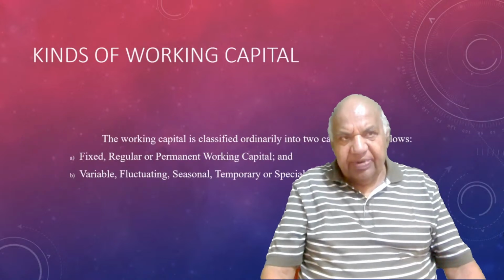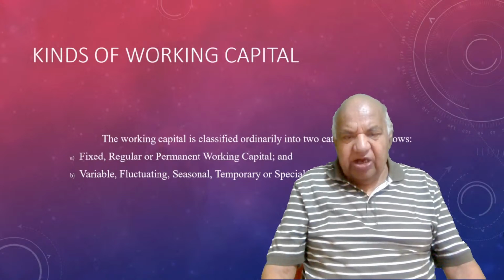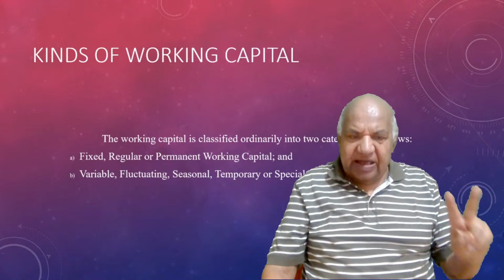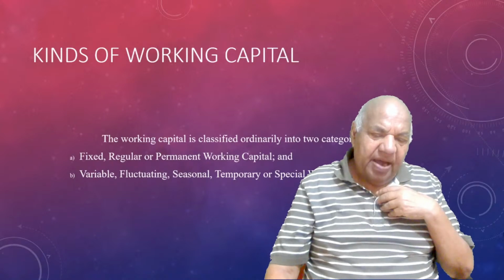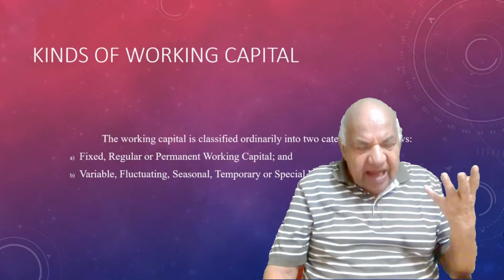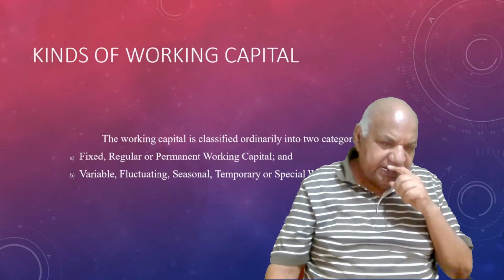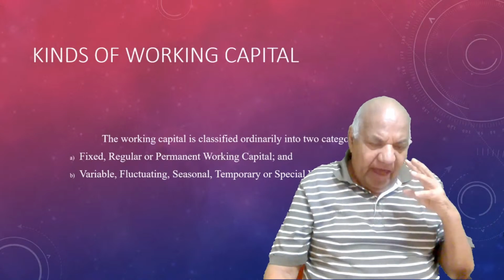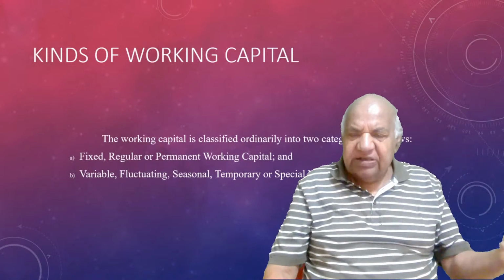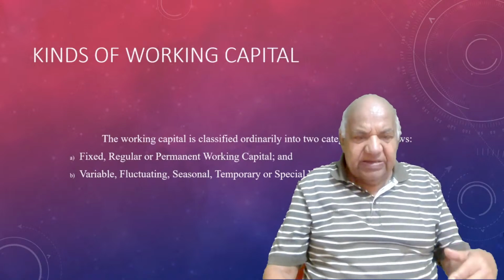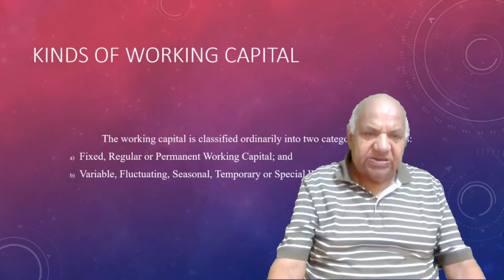Kinds of working capital. The working capital is classified ordinarily into two categories as follows: fixed, regular or permanent working capital, means that part of working capital which will always remain in the business; and variable, fluctuating, seasonal, temporary or special working capital, which arises due to some special circumstances.